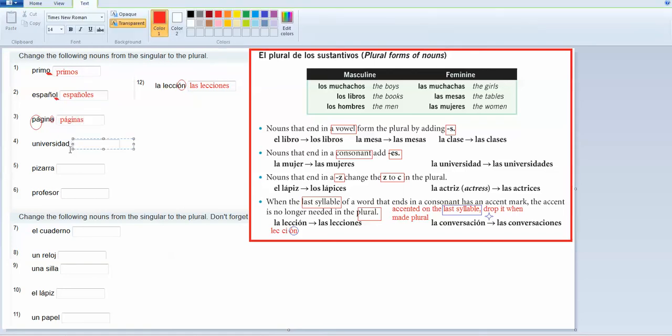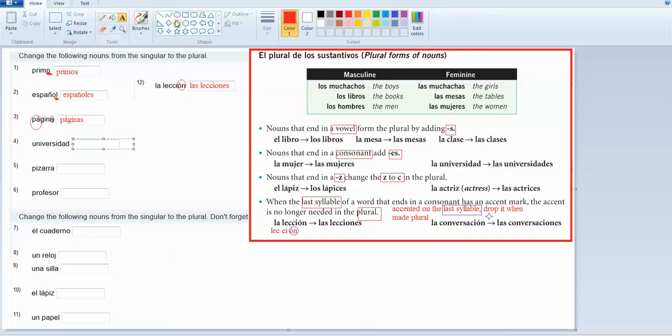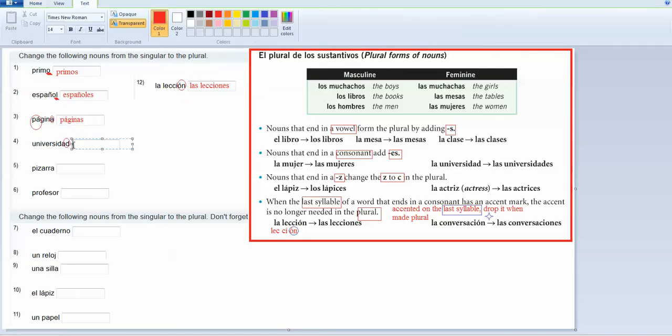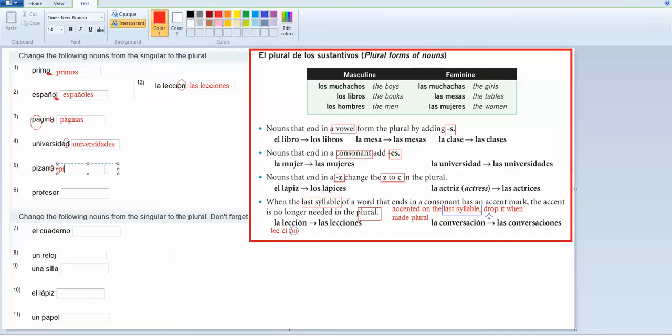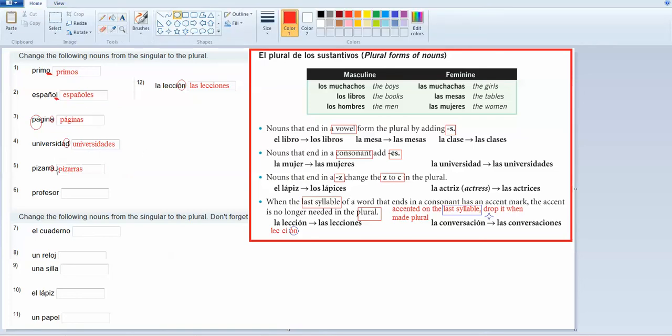Universidad ends in a consonant, so I'm going to add an ES. Universidades. Okay, pizarra ends in a vowel, so I just add S. Pizarras. Profesor ends in a consonant, so I add an ES.